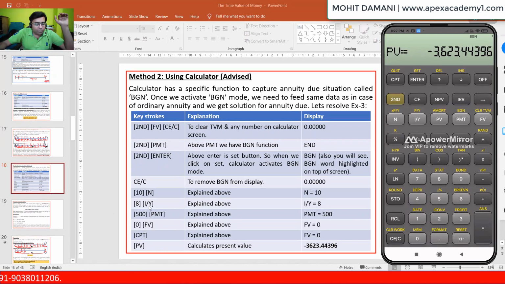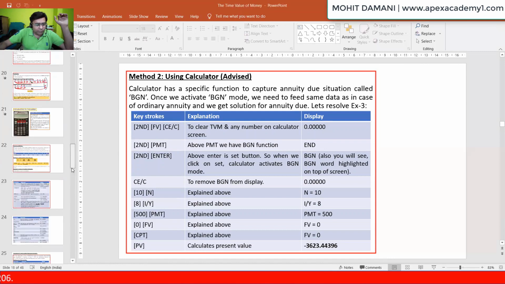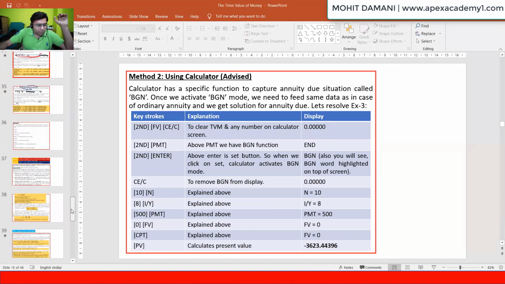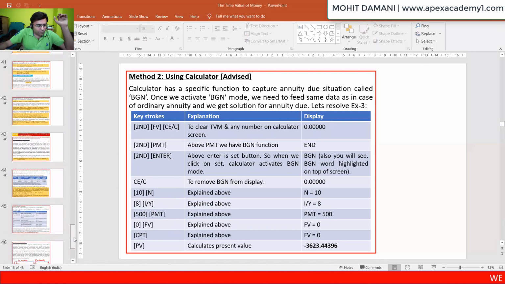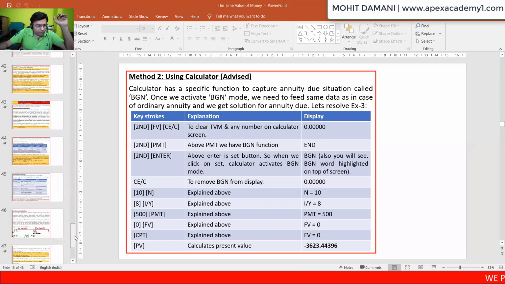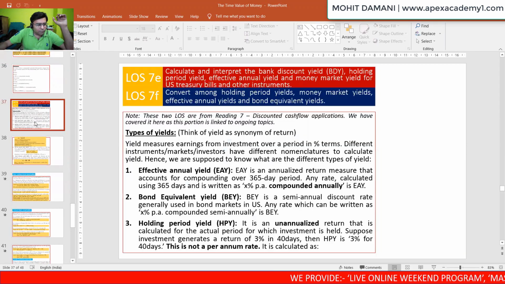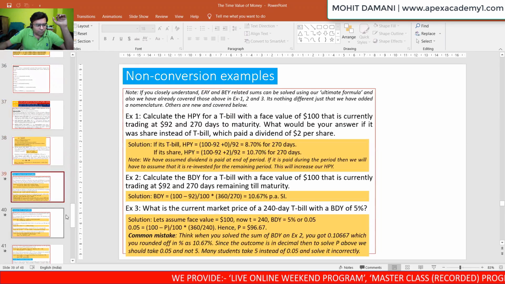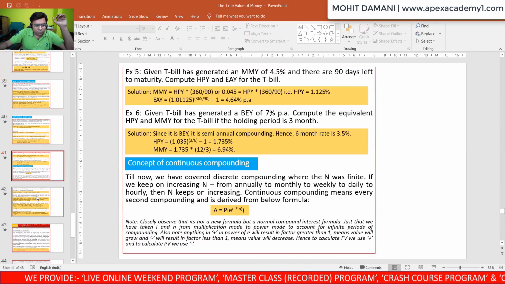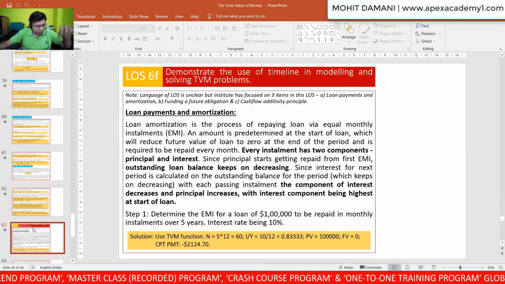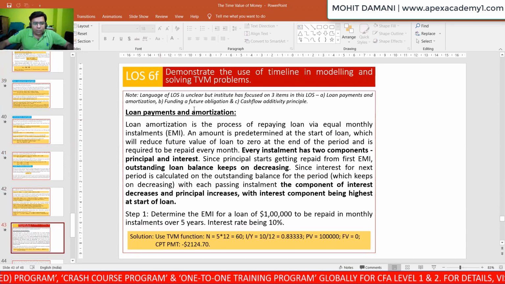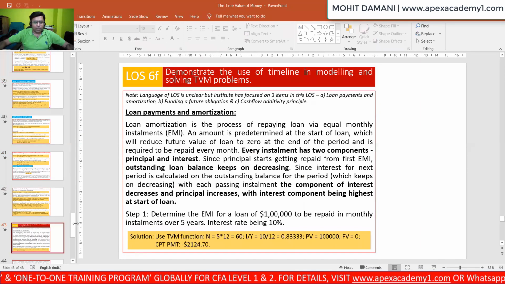One second, let me go to the slide of amortization, loan payments and amortization.